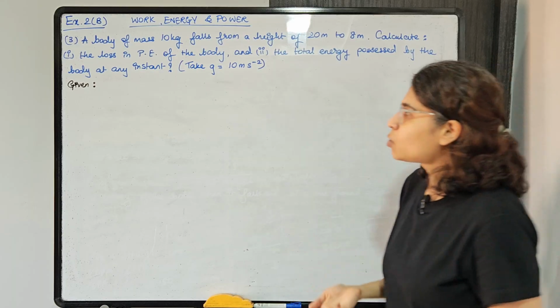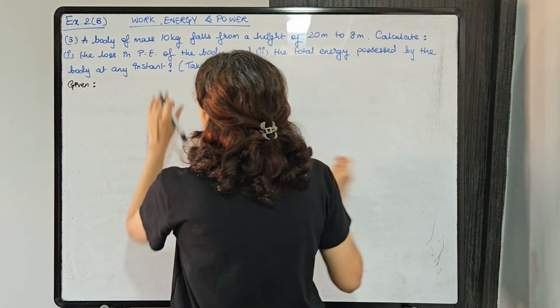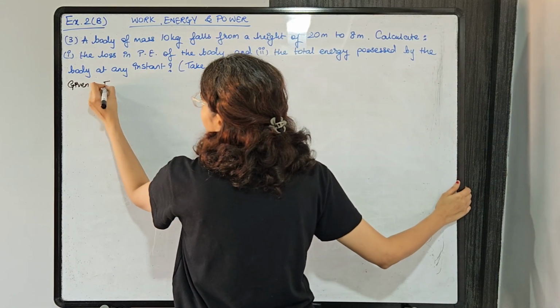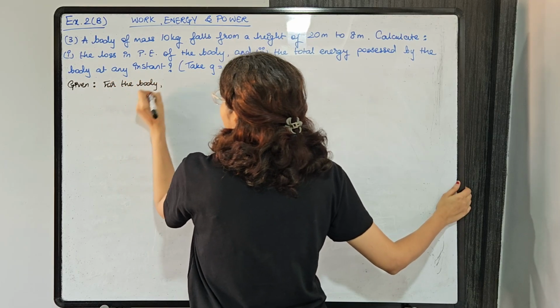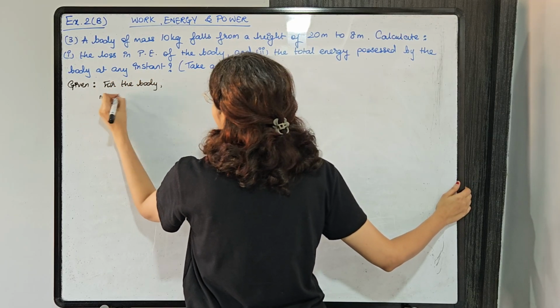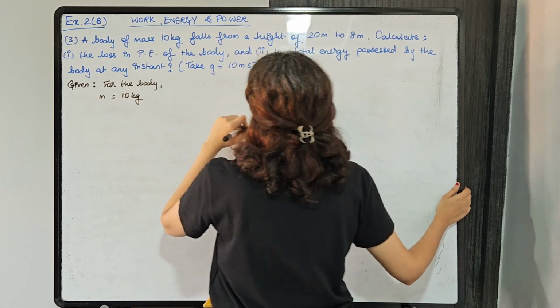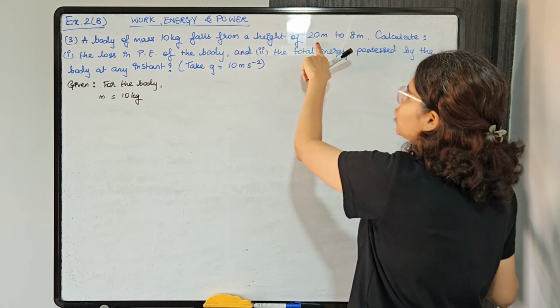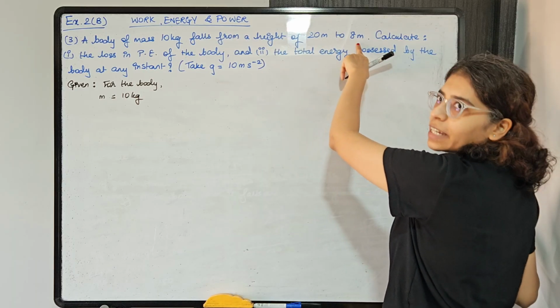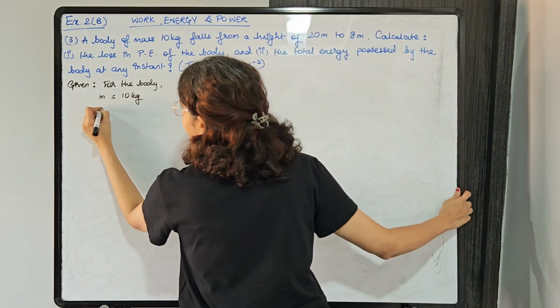Okay? So given, we are given the mass of the body. We are given mass 10 kg. It falls from a height of 20 meter to 8 meter. Initial height is 20 meter and final height is 8 meter.